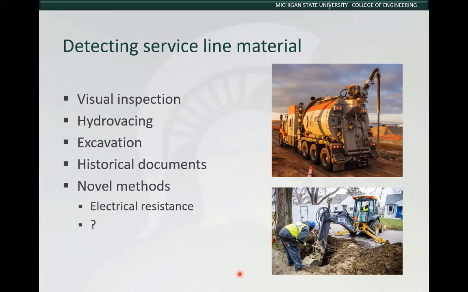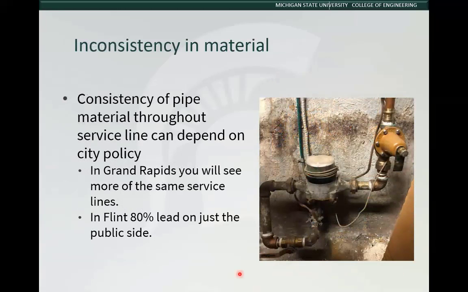We do visual inspection. So we can go back and look at something like this. But does it tell us what we need to know? Well, for instance, at my parents' home where I grew up, they always thought that they had a galvanized service line. The pipe that came through the wall of the house was built in about 1920 or so, and the pipe that came through was galvanized. So they assumed that they had a galvanized service line.